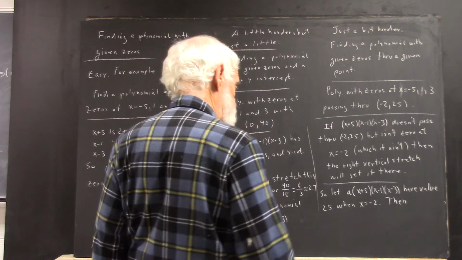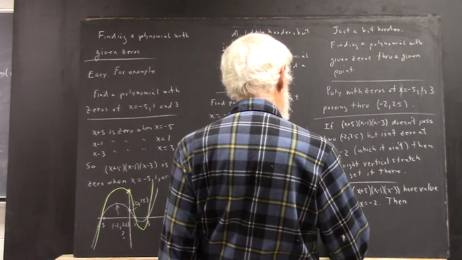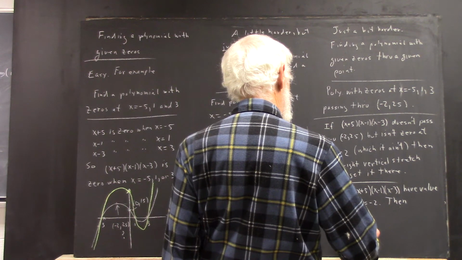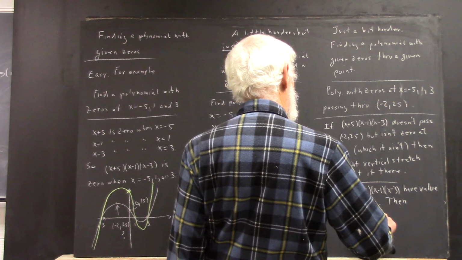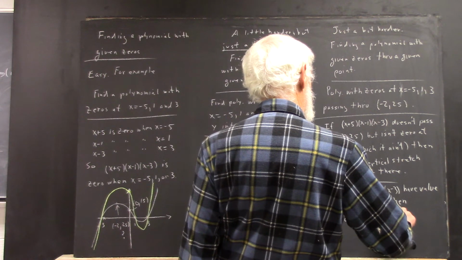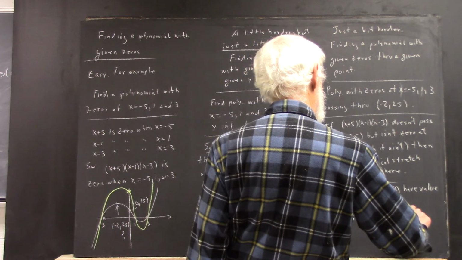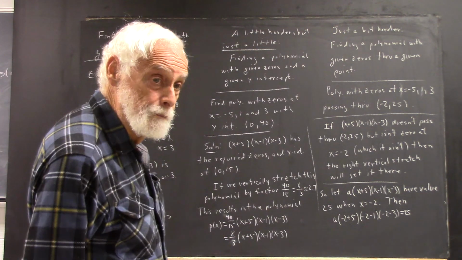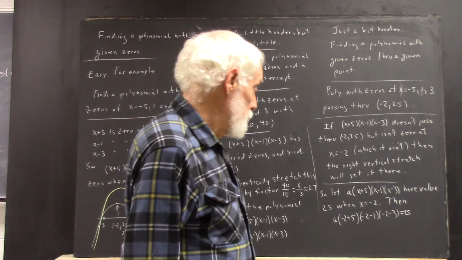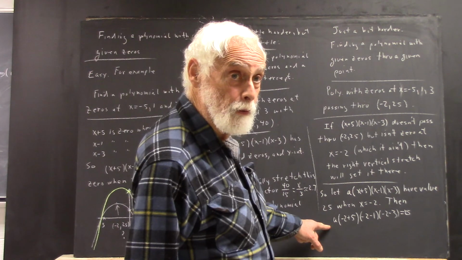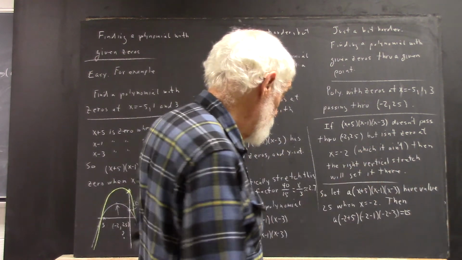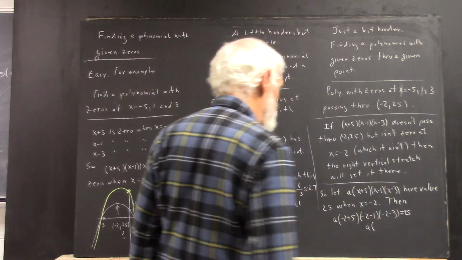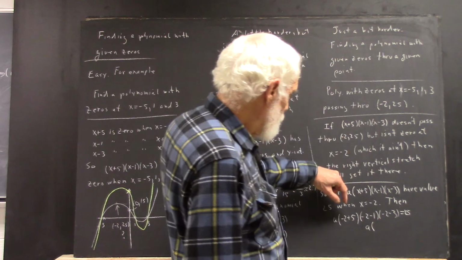Then A times -2 plus 5 times -2 minus 1 times -2 minus 3 has to equal 25. Well, there's only one variable to solve for. The rest are just numbers. Very easy. We get A times, I'm not going to write out all the arithmetic.